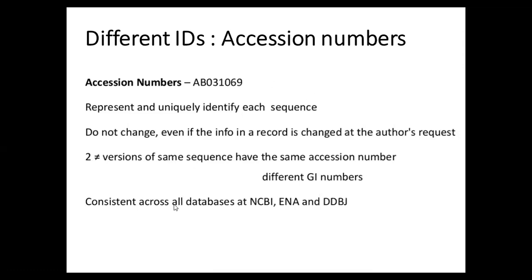It is consistent across all databases. These three databases, hosted by the USA, UK, and Japan, would have the same number. They do not have different numbers for the same version of the sequence.